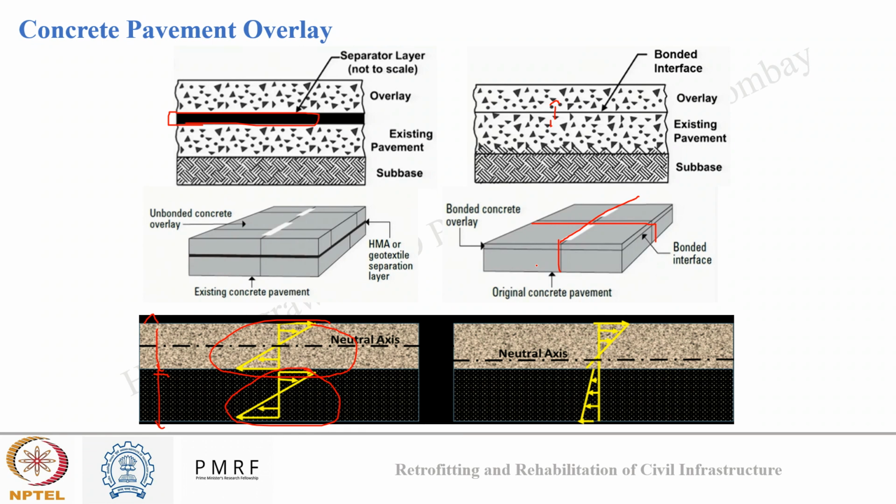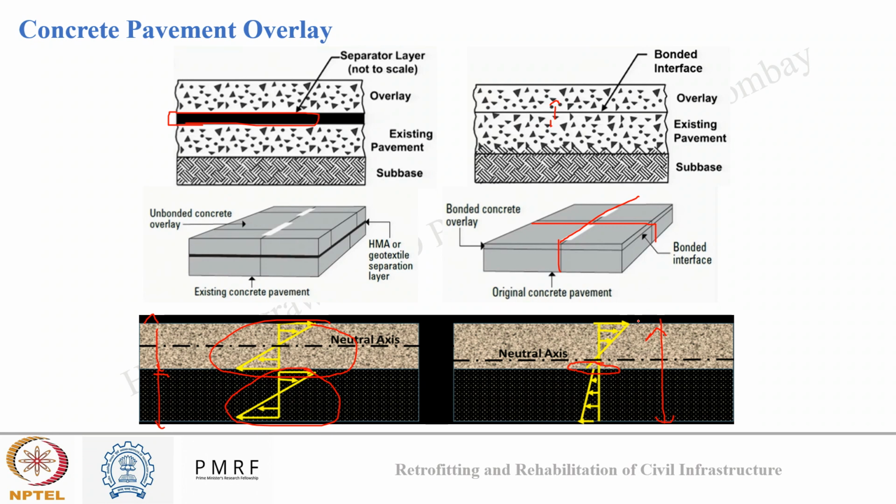In case of a bonded overlay, both layers act together to resist the action of load by distributing stress. You can see in the image that the tensile stress due to the acting load is lower near the base of the overlay, because there is stress distribution across the total depth. Both layers are acting together to resist the load.